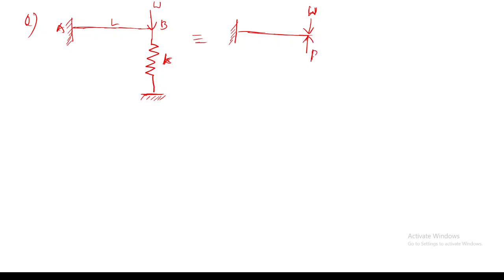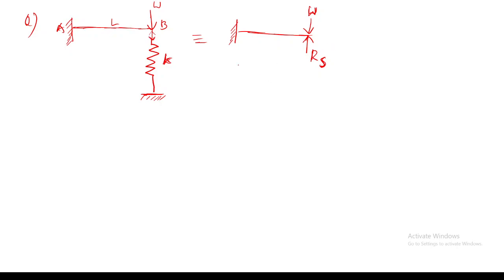I am naming this force as the spring force, or the reaction due to the spring, RS. And how much will be the force acting on the spring? It will be the same RS, because the spring exerts a force RS, and an equal and opposite force is exerted on the spring.